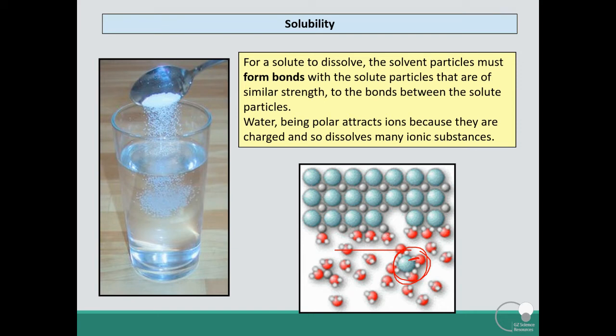So the end that's slightly negative is going to be attracted to the positive ions, and the end that's slightly positive is going to be attracted to the ions that are negative, because opposites attract when we're talking about charges. So because water is polar, and one end of the molecule is slightly positive and the other end is slightly negative, it's going to be attracted to the ions, and so that's going to pull apart the lattice.